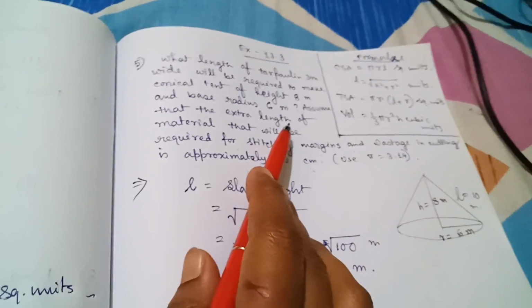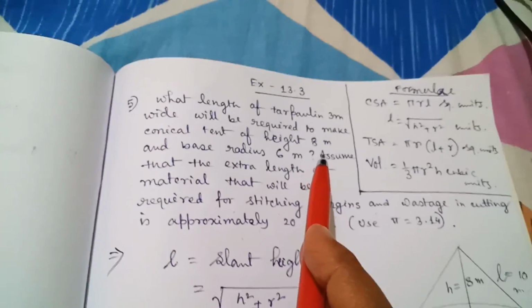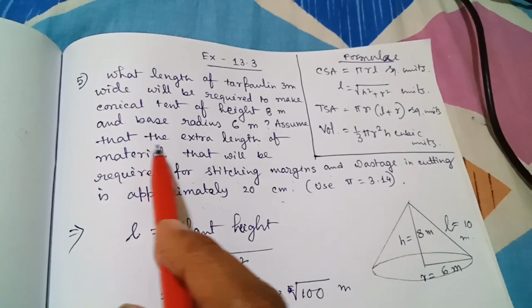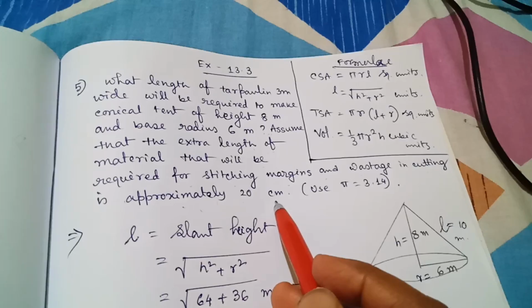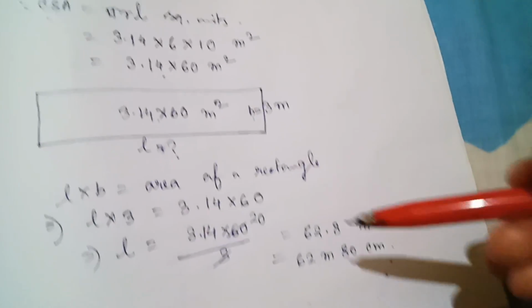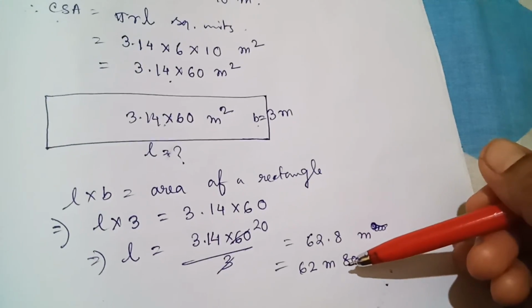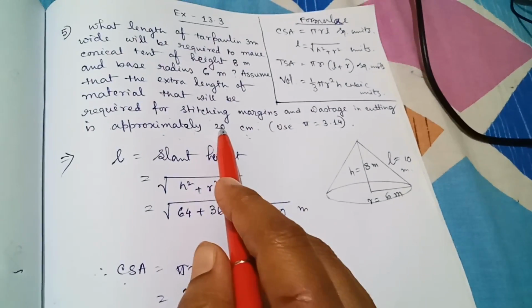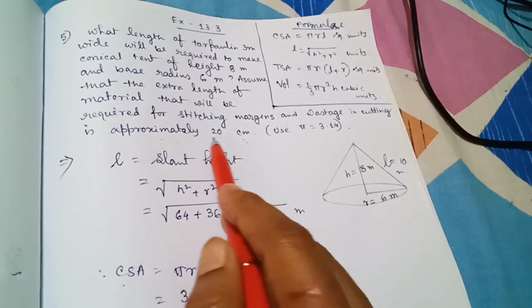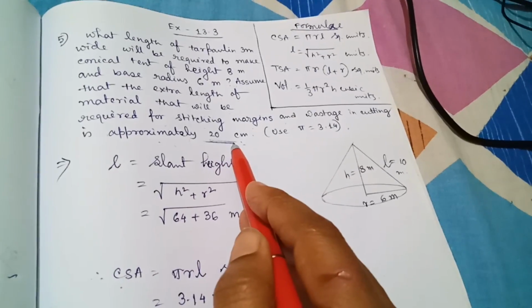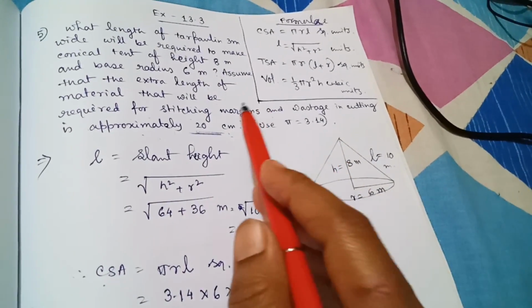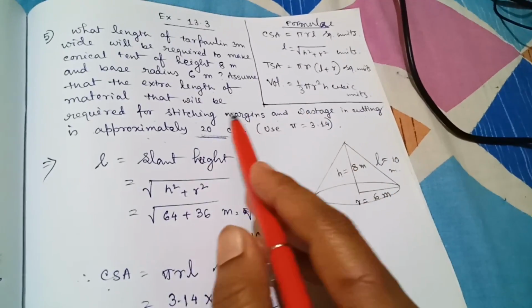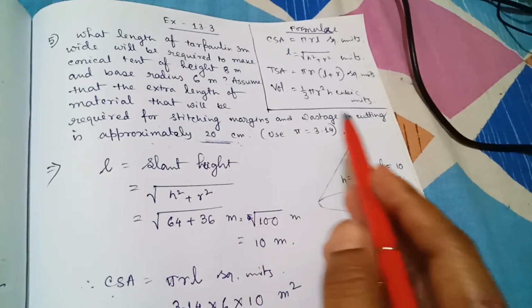Now look at the second part of the question. Assume that the extra length is approximately 20 centimeter. That means we actually need this much, but we have to buy 20 centimeter more, because when we stitch and cut it, there is some wastage for margins and cutting.